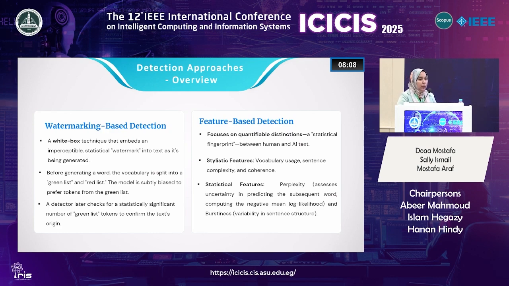Current detection approaches include watermarking-based detection, feature-based detection, neural-based detection, and human-assisted analysis. Watermarking-based detection works by embedding hidden signals into text during or after text generation. Feature-based detection focuses on stylistic features, statistical features, and semantic features.